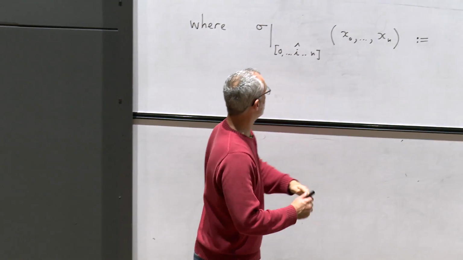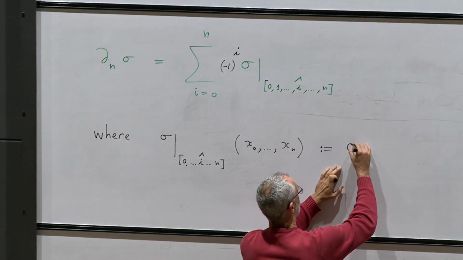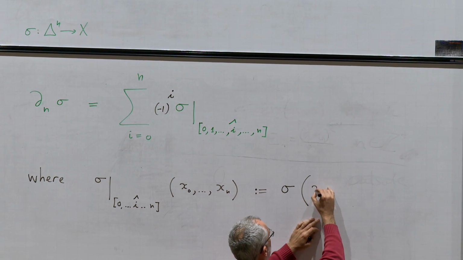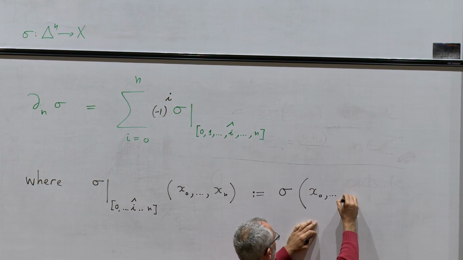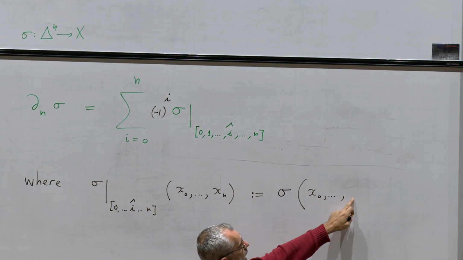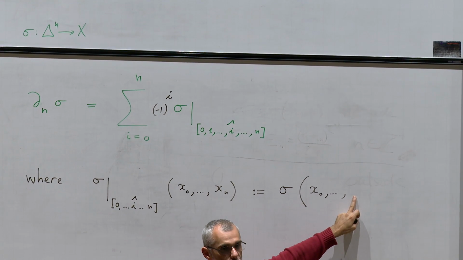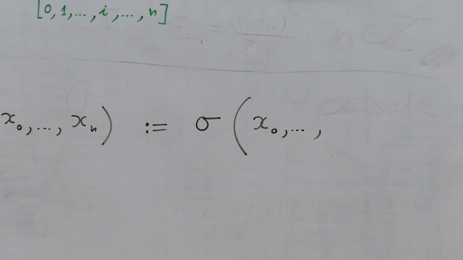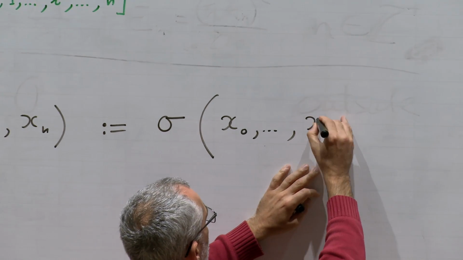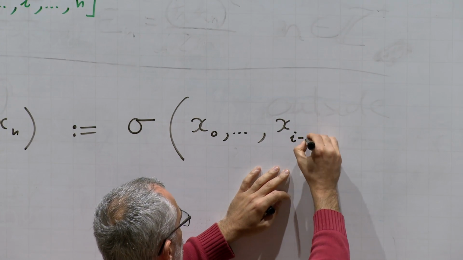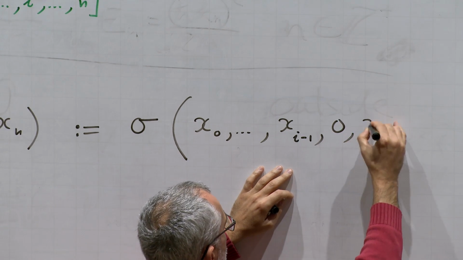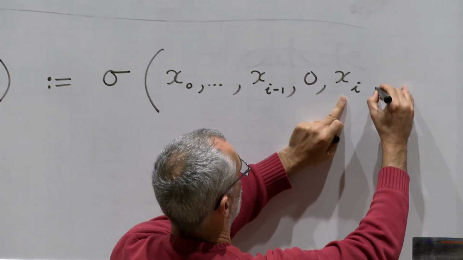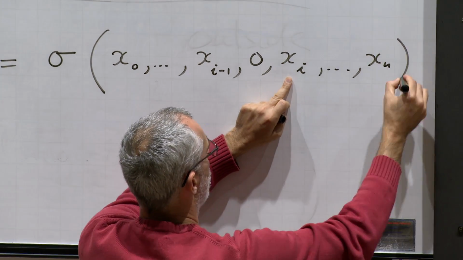This is going to be sigma evaluated on x0, ... And then in the ith spot, I'm going to put a 0. So if I put a 0 in the ith spot, it means that I write it up until x_{i-1}, and then I put a 0, and then xi appears in the i plus first spot, up to xn.